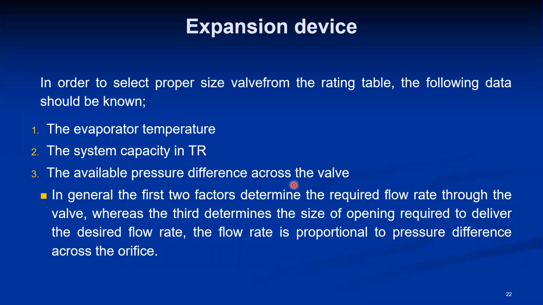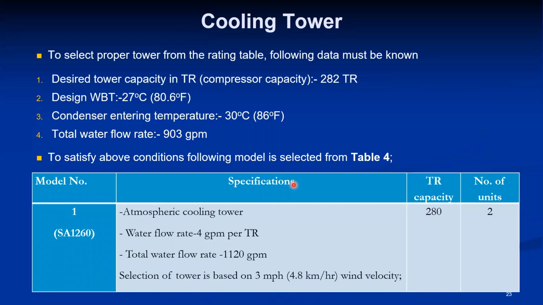In general, the first two factors determine the required flow rate through the valves, that is, capacity or evaporating temperature, while the third determines the size of opening required. So the opening reduces the pressure, increases the pressure drop to deliver the desired flow rate. The flow rate is proportional to the pressure difference across the orifice. This is about the expansion valve.